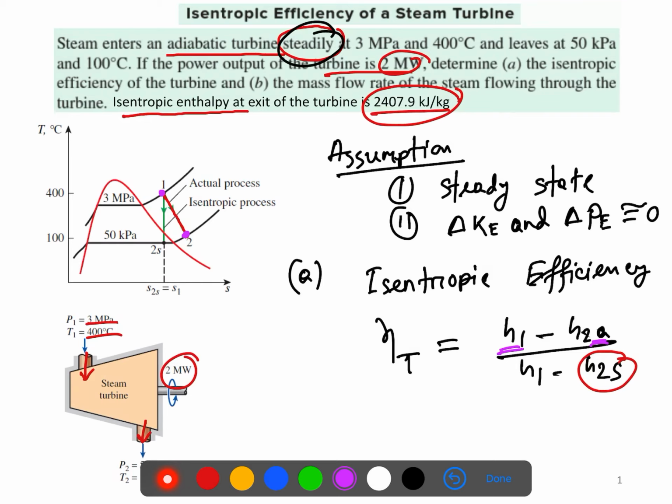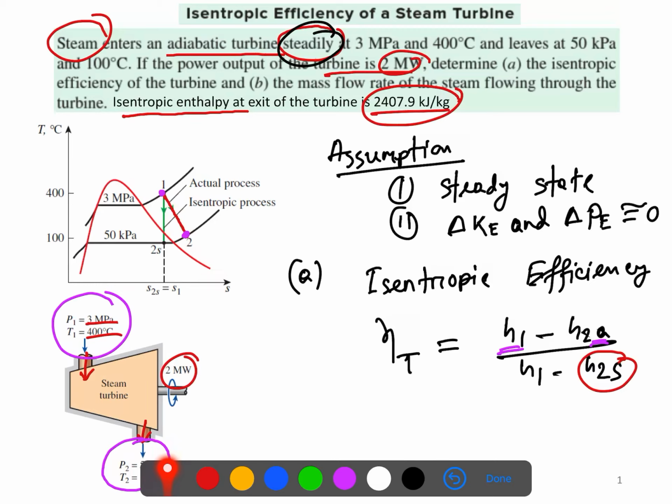For state 1, we know P1, T1. For the outlet, we know P2, T2. Then we can use these values and actually calculate the properties. So here, what is the material? The material is steam. If you look at this TS diagram, this is the dome-like shape.